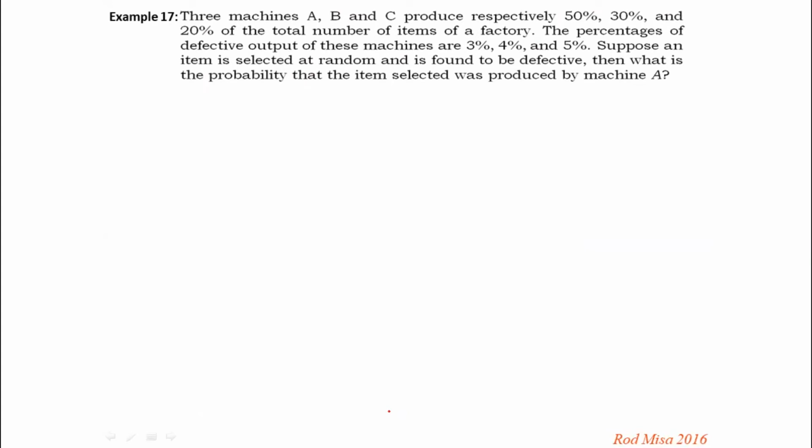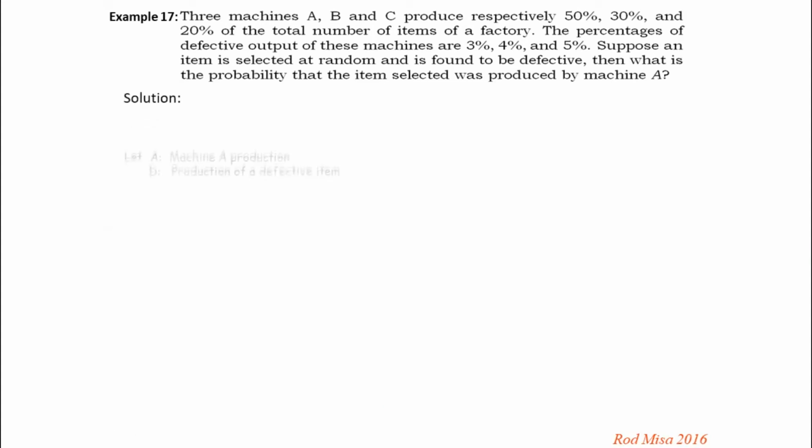And the percentages of the defective output of these machines, machine A, machine B, machine C, are 3%, 4%, and 5% respectively. Suppose an item is selected at random and is found to be defective, then what is the probability that the item was produced by machine A?